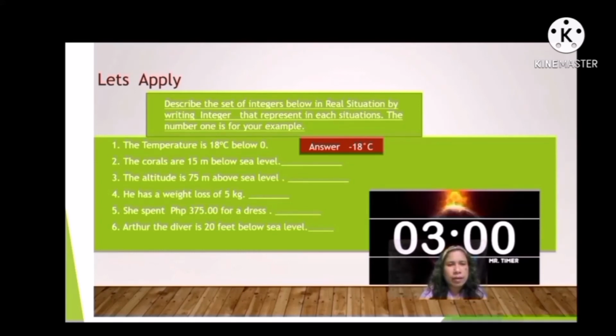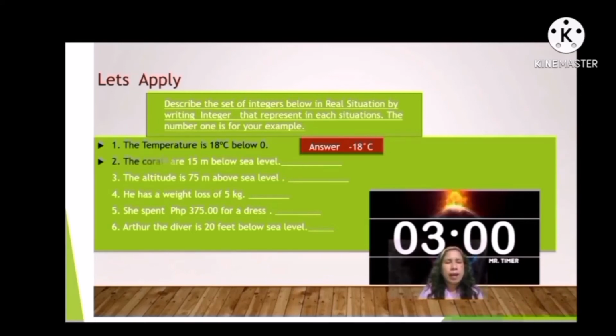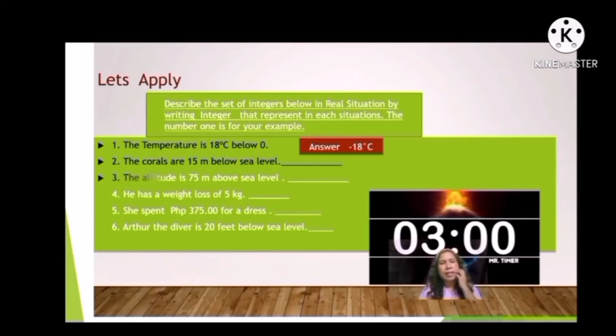The temperature is 18 degrees Celsius below 0. So how to represent that? The answer is negative 18 degrees Celsius. Number 2, the corals are 15 meters below sea level. So answer in the blank. Number 3, the altitude is 75 meters above sea level. Number 4, he has a weight loss of 5 kilograms.